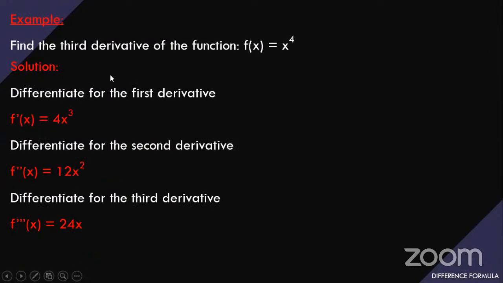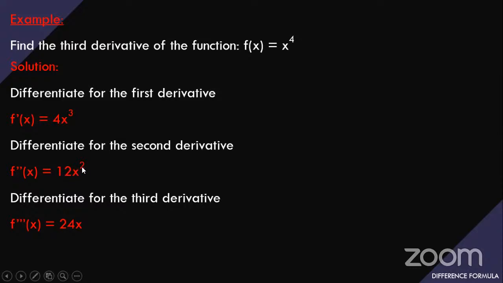So let's consider this example. If we have a function f(x) equals x raised to the power of 4, here we can differentiate the first time to be 4x cubed. We can also differentiate it again to give us 12x squared.